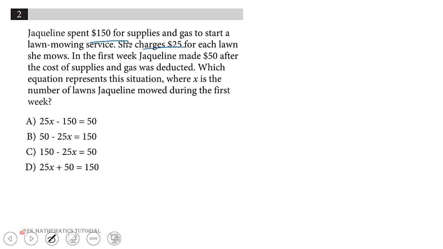So since she charges $25 for each lawn she mows, if she mows x number of lawns, then the total amount she will earn is $25 times x, which is 25x. That is the total amount she will earn.